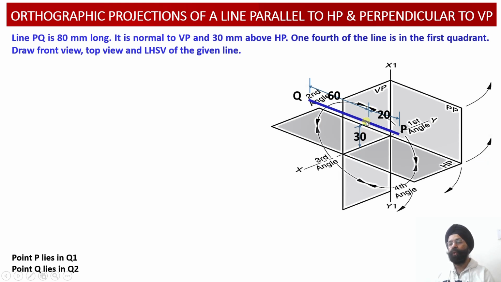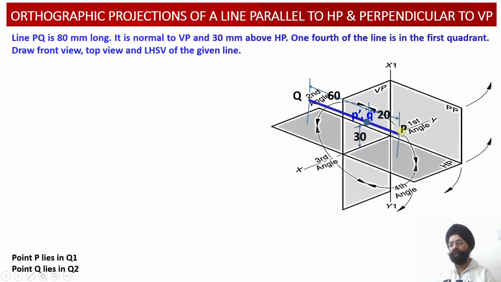So the front view projections of this line will mean that you are going to get points P dash and Q dash coinciding with each other in the front view obtained on the vertical plane, and this point P dash Q dash will be obtained at a height of 30 millimeter above the XY reference line. So we can see points P dash and Q dash have been located onto the vertical plane at a height of 30 millimeter.